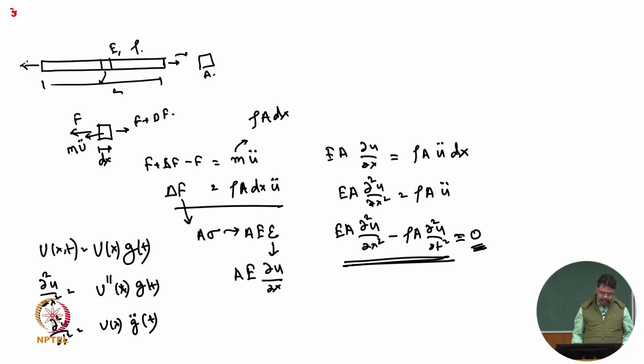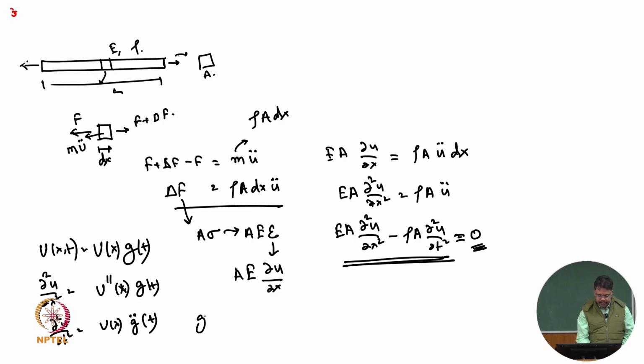So if this is agreed, we can assume that, if you see in the last case, when we were plotting the dispersion, we were exciting the structure with a harmonic excitation. So here also, if we think that the structure is excited by a harmonic excitation, and we look primarily at the steady state vibration, what will be the nature of g of t? G of t will be harmonic.